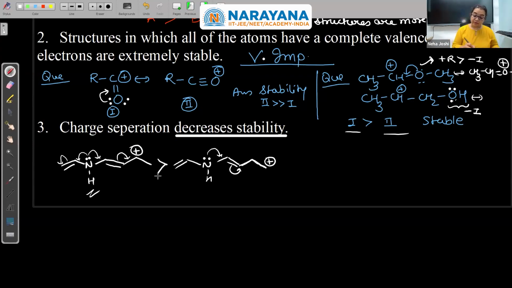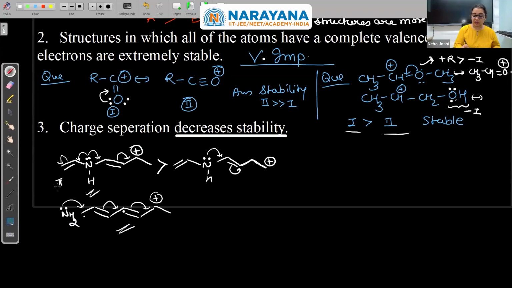Clear? If further I had say NH2 double bond, 2 sigma are there, and it is a case of continuous conjugation, then this is the most stable.